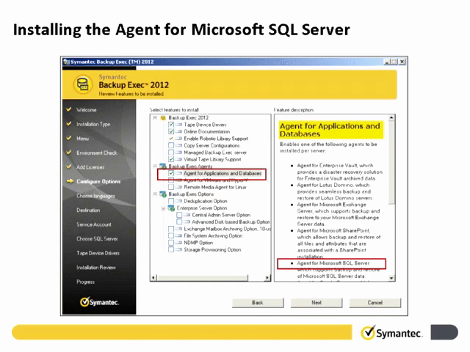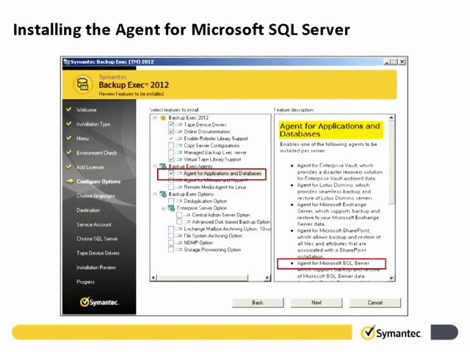To install the Backup Exec agent for Microsoft SQL Server, you have to go to the Agent for Applications and Databases. I need to have a license key for every server that is running SQL. So if you have multiple SQL servers, you would have to have multiple agents for applications and databases.